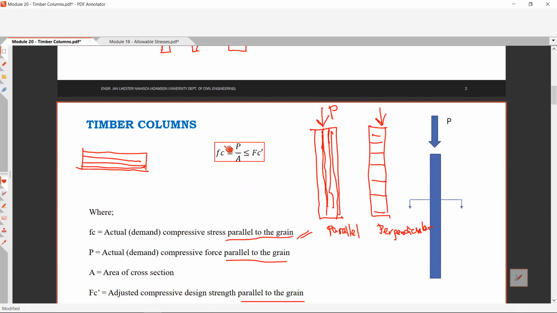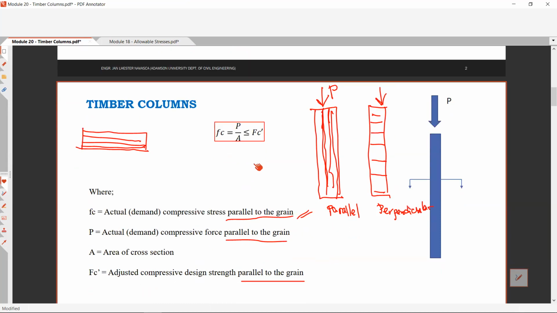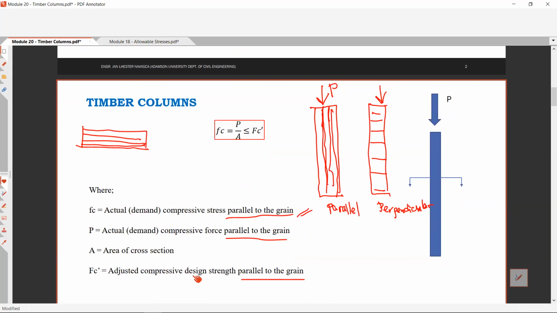Your actual compressive stress or your demand compressive stress parallel to the grain, which is P over A, shall always be less than or equal to the adjusted compressive strength design parallel to the grain. So this one is your working stress. Ito yung small f, that is your actual or the demand load. Okay, FC prime, capital F, that is your capacity.